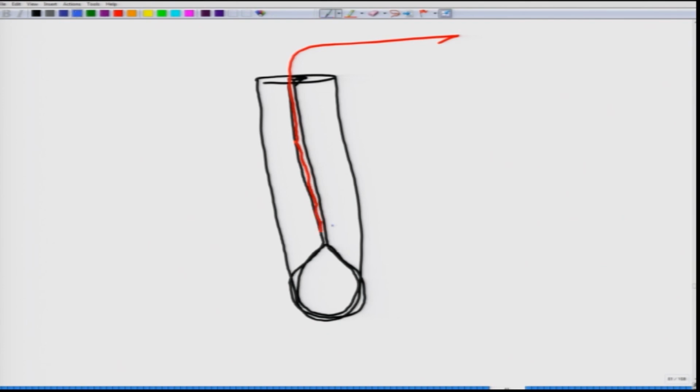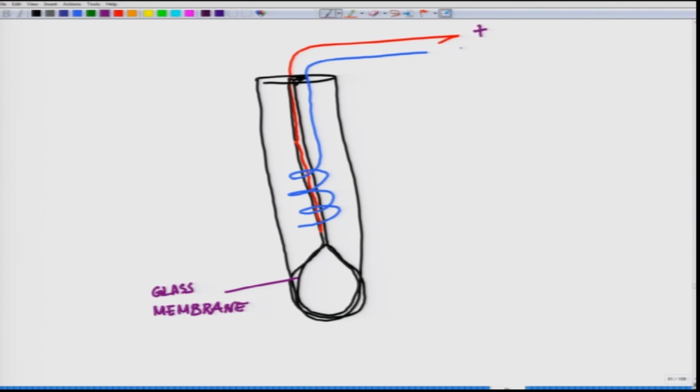You have another wire coming from outside. Now, this is the glass membrane here. This is the glass membrane. This is the positive lead, this is the negative lead, leads to the pH meter.